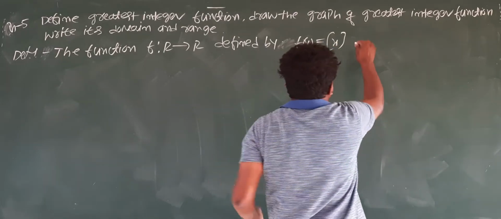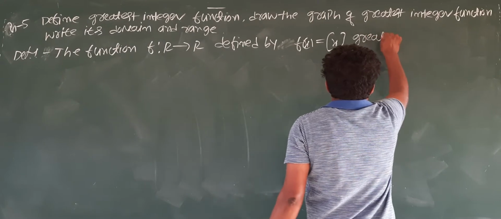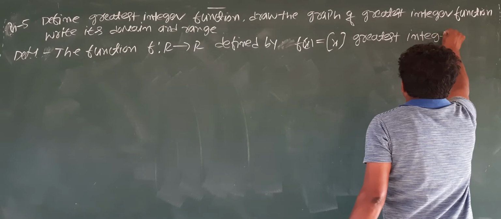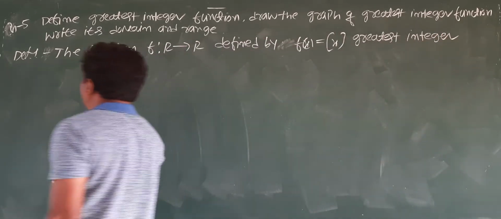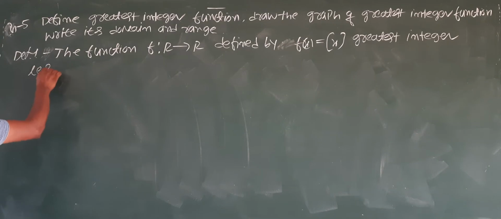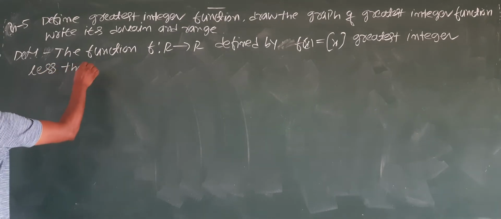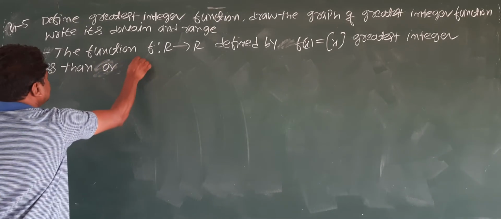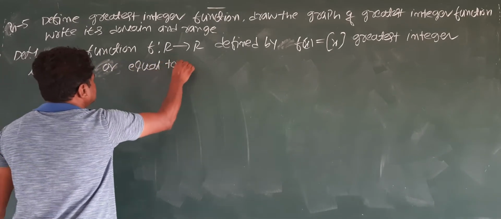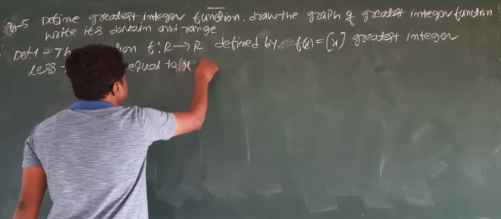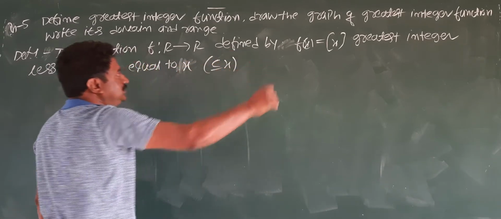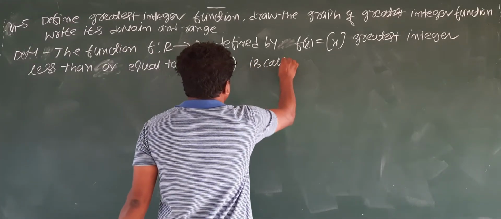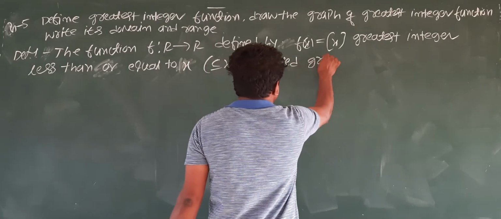It is equal to the greatest integer less than or equal to x. That greatest integer less than or equal to x is called the greatest integer function.